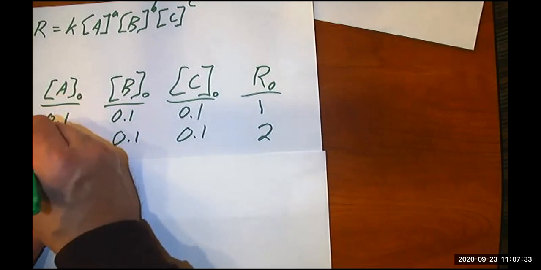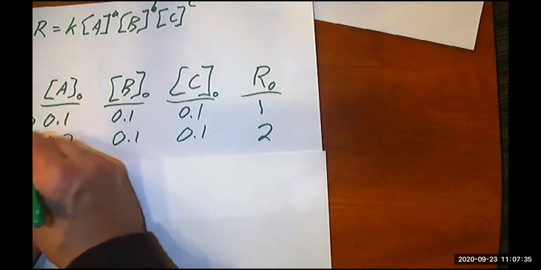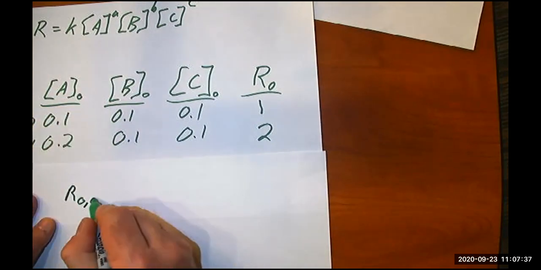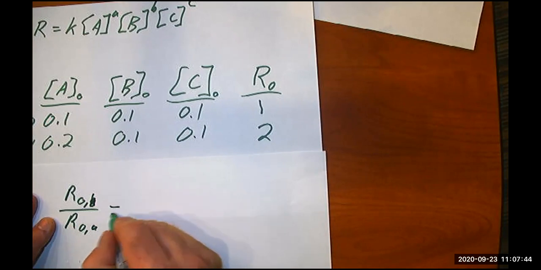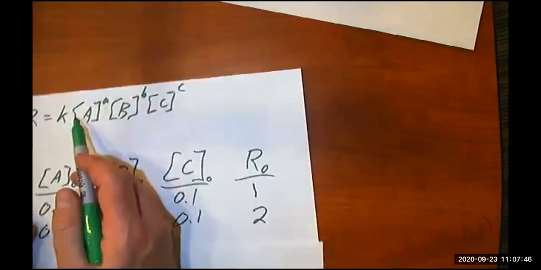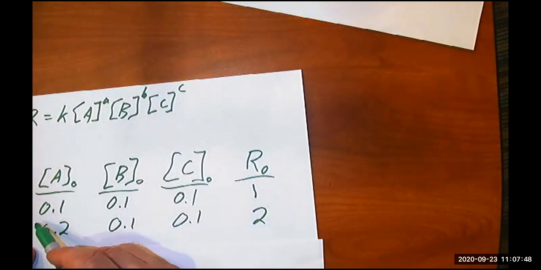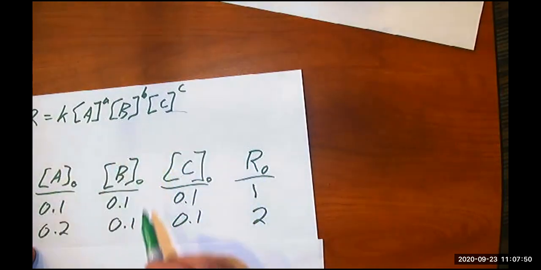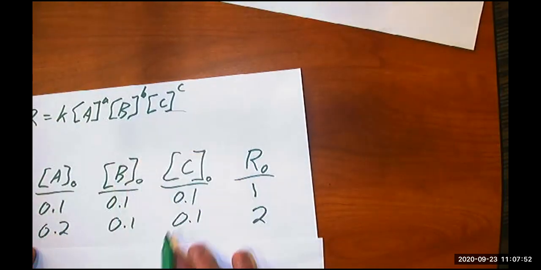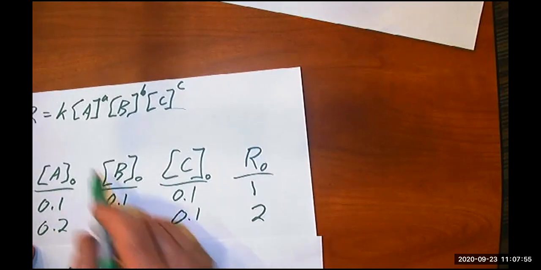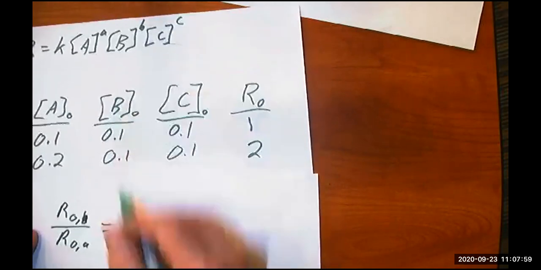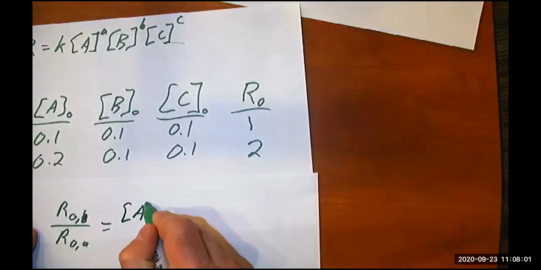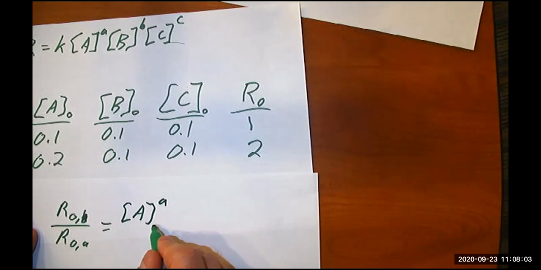We'll call these R0A and R0B, and R0B over R0A equals this for the second case over this for the first case. A bunch of things cancel: k is the same, the B concentrations are the same, so the only thing we have is the concentration of A to the power.